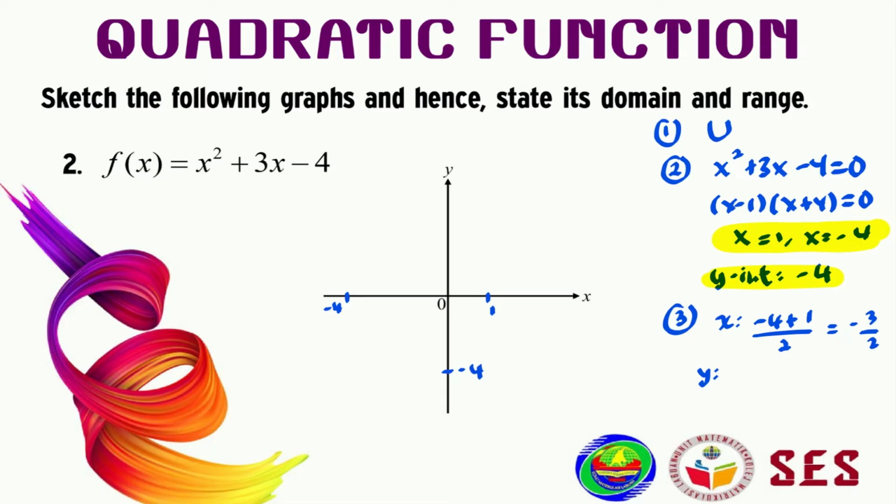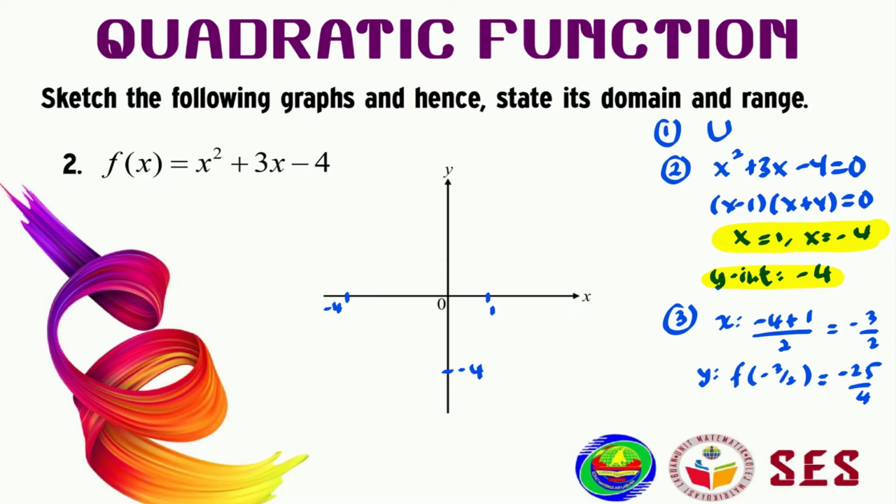And to get the y coordinate of the minimum point, we just need to substitute -3/2 into the function, in which when we calculate, we should obtain -25/4, or in decimal, which is -6.25.